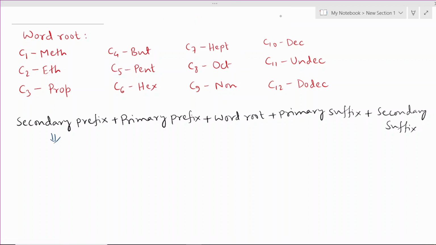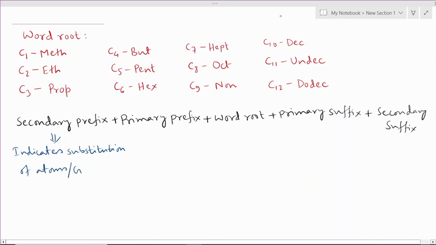It indicates substitution of atoms or groups other than the functional groups.